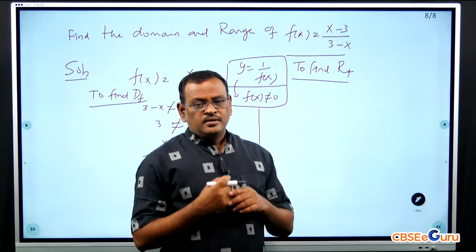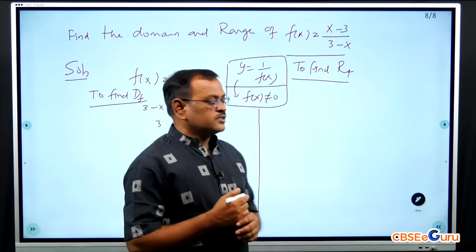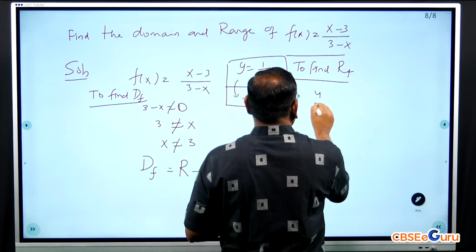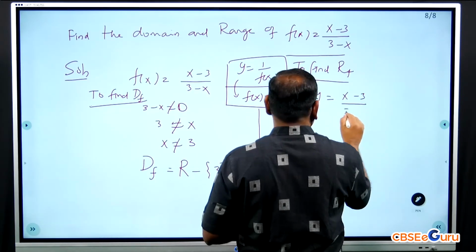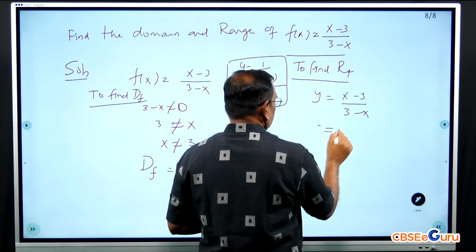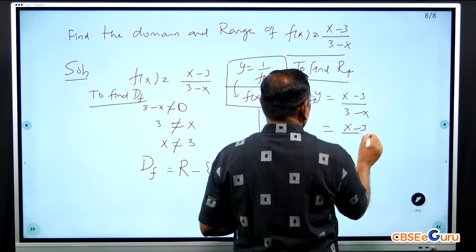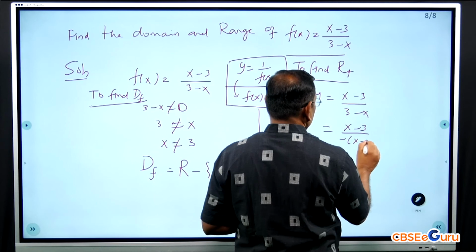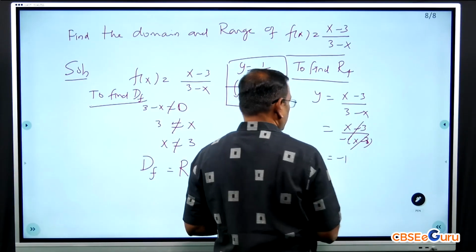Whenever you are aiming to find the range, simplify the function if possible. Here we can simplify this function y equal to x minus 3 by 3 minus x. So, how to simplify this? X minus 3 by minus of x minus 3. Both get cancelled. So, y equal to minus 1.